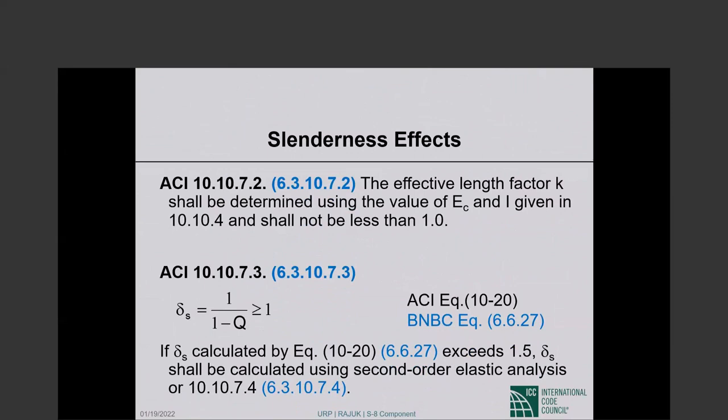It's the secondary to primary moment ratio. Delta sub S is 1 divided by 1 minus Q. Obviously, it cannot be any smaller than 1.